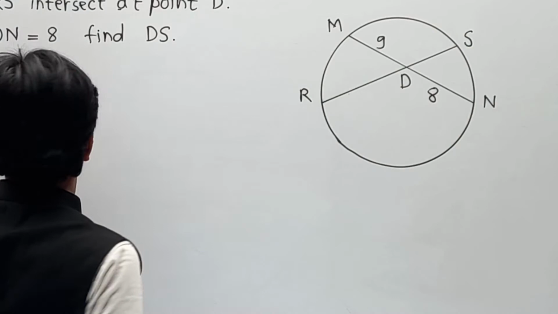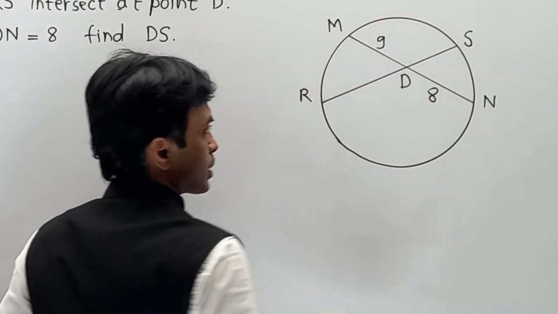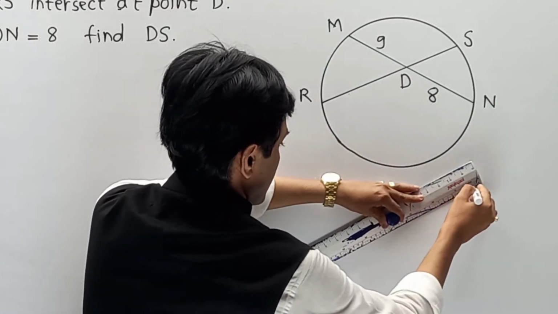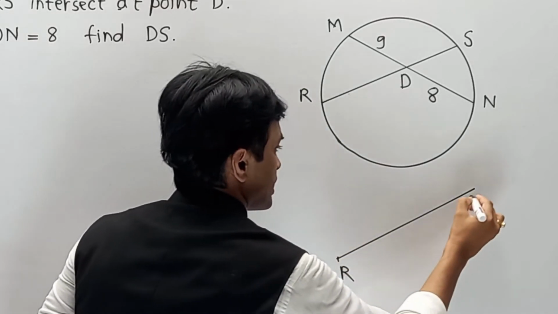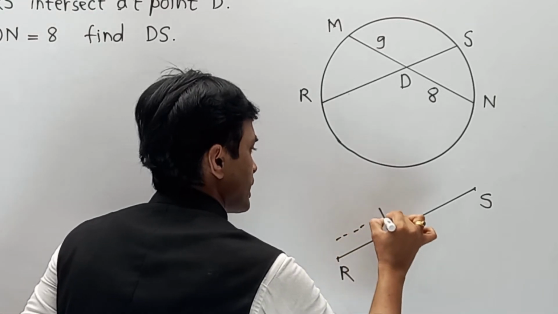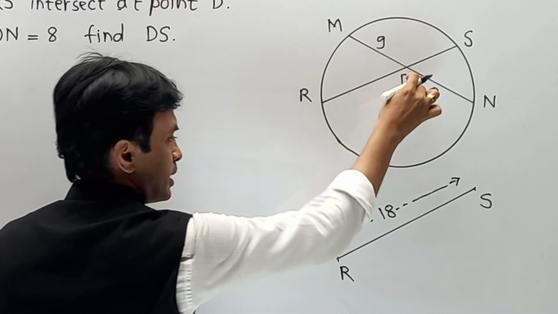Next, total RS. Here they have given total RS, and that is nothing but 18 over here. If it is total 18 over here, D is a point somewhere.